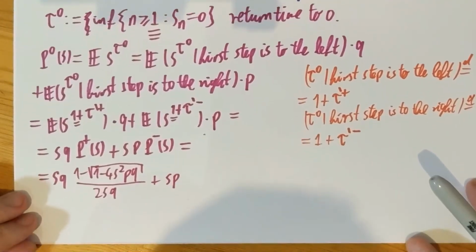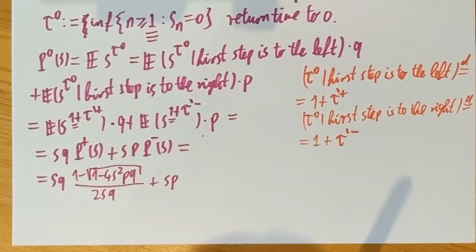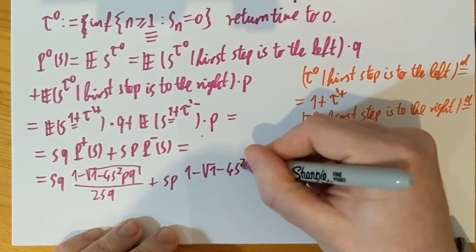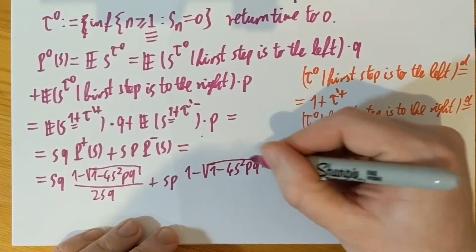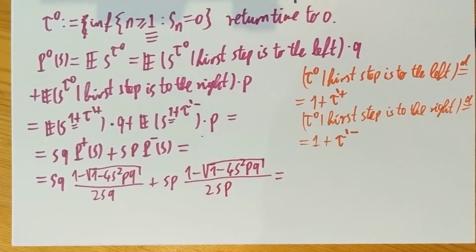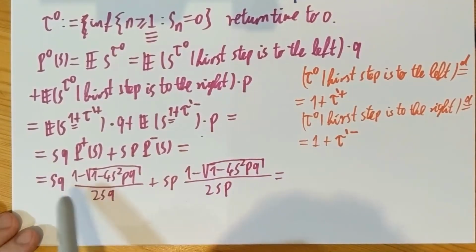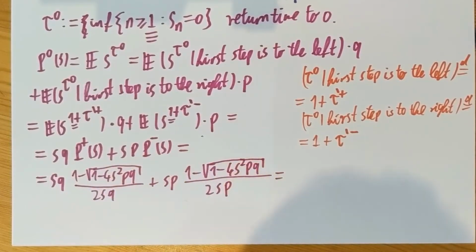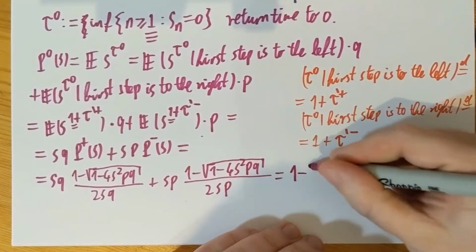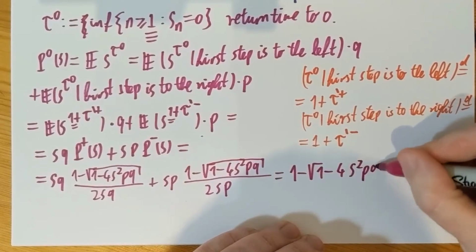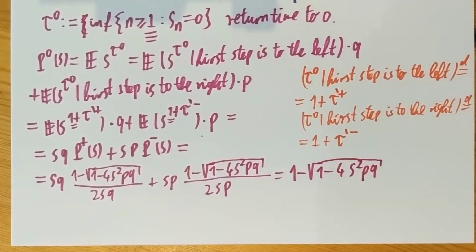Remember, it was just the same as the one for tau plus, except I had to swap the role of p and q, so this is going to be 2sp. And something quite nice happens. Sq cancels here, sp cancels there. It's a 1/2 of the same quantity twice, so I end up with this rather simple formula, 1 minus square root of 4s square pq. Okay, so that's the quantity I find.